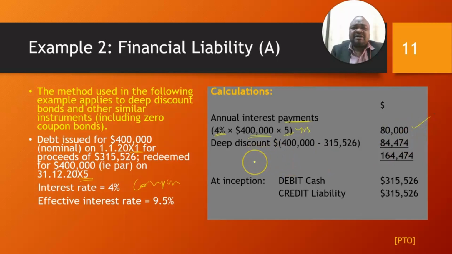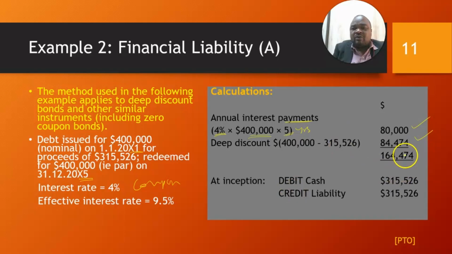Then for the deep discount bond, that is 400,000 par value minus the proceeds, we get 84,474. So this is the amount of interest we are going to be charged.